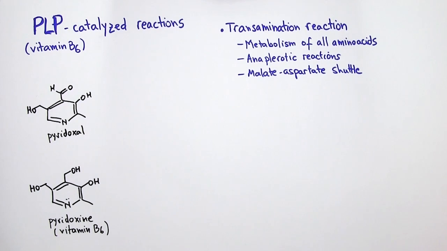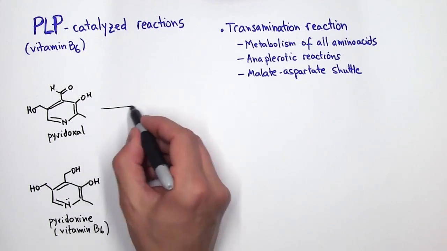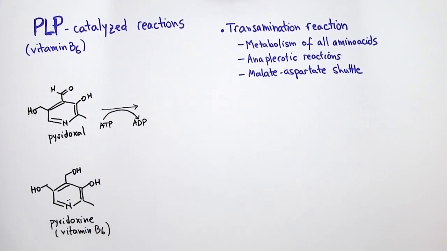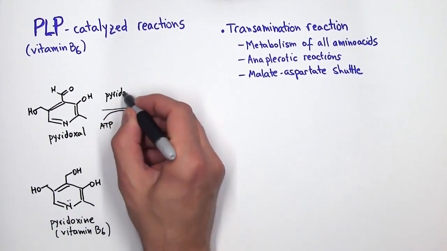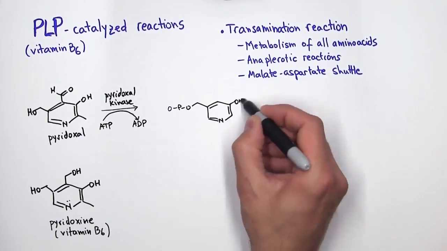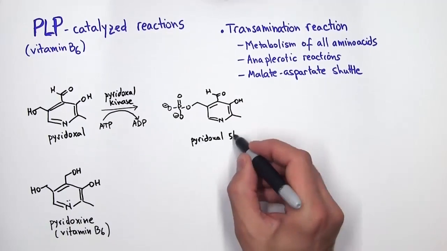Now, the active cofactor, PLP, is actually the phosphorylated version of pyridoxal. This requires one molecule of ATP and the enzyme pyridoxal kinase. And we get PLP, or pyridoxal 5-phosphate.